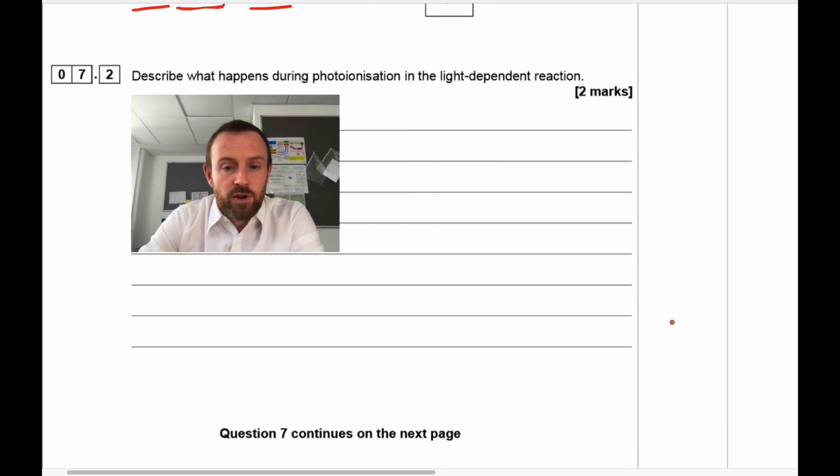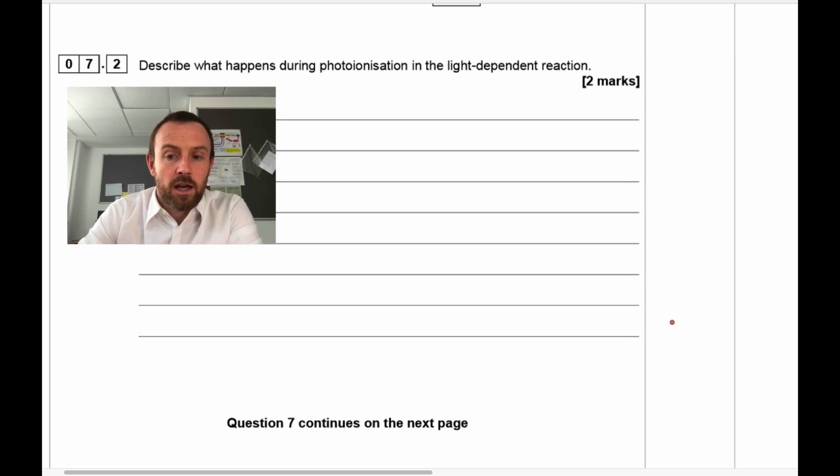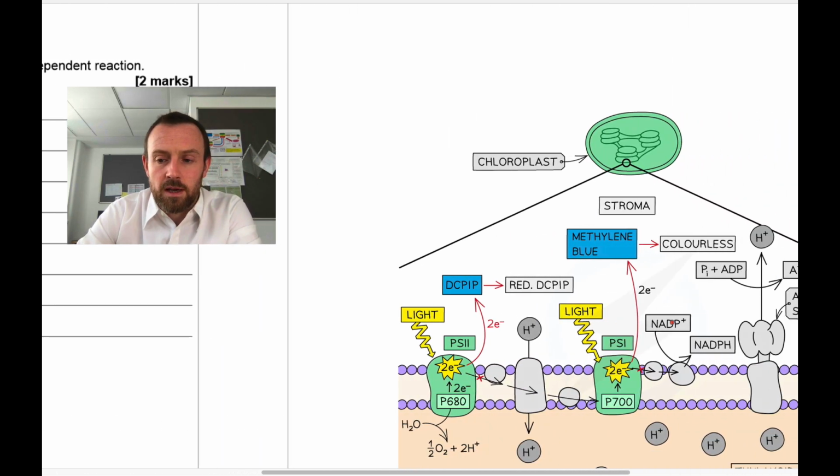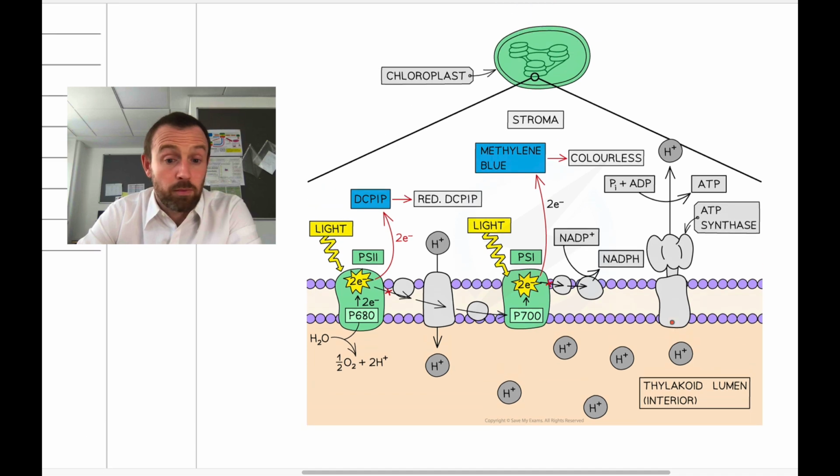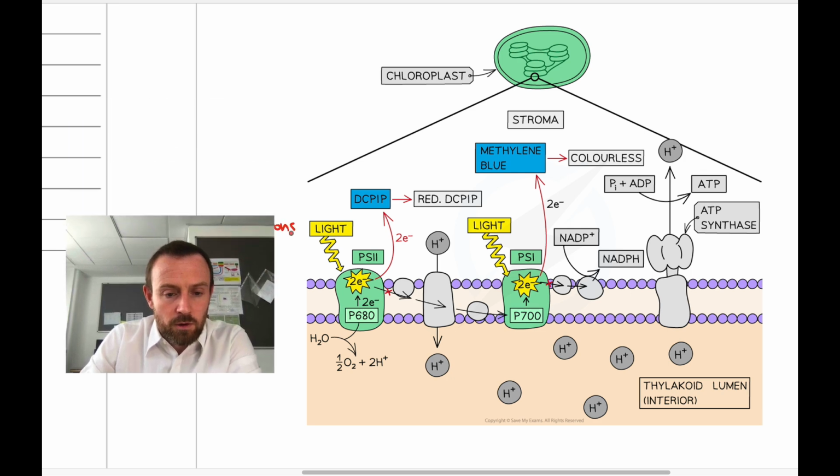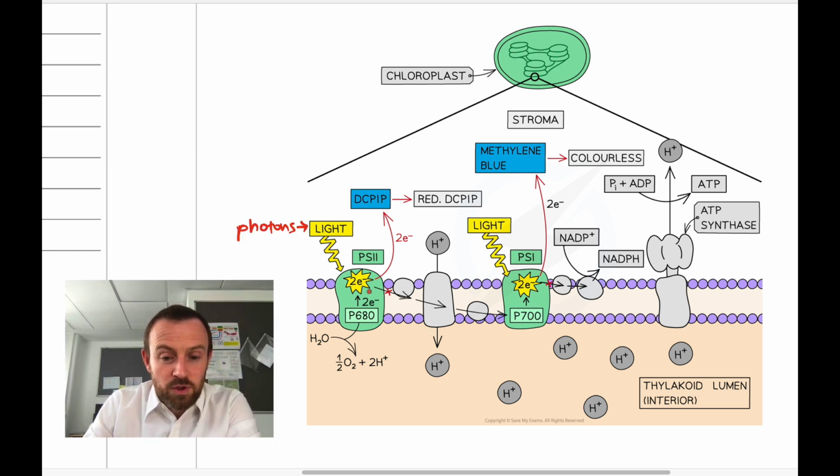Describe what happens during photoionization in the light-dependent reaction. 2 marks. I've just dropped in a little image over here to help you visualize that. Photons of light are absorbed by chlorophyll molecules, causing electrons to be excited within the chlorophyll molecules.